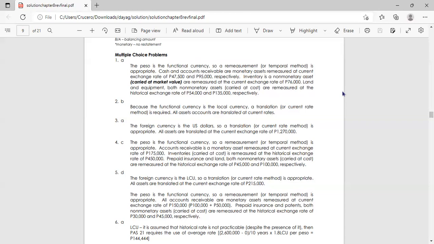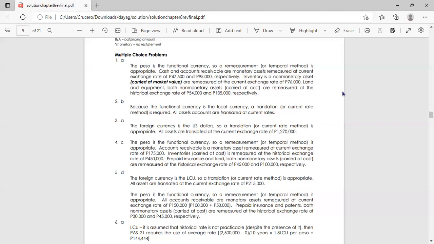So we have now the peso as the functional currency, as stated. If the functional currency is the peso, a remeasurement or temporal method is appropriate. Cash and accounts receivable, being monetary, are to be measured by using the current exchange rates. So we have 47,500 and 95,000.